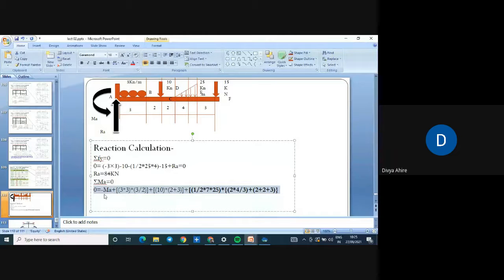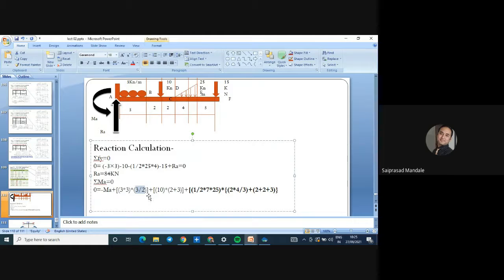Perfect. Then plus because it is clockwise. 3 Newton into distance 3, perfect, into 3/2. Why 3/2? Because it is UDL, and a UDL acts at the center of its length.